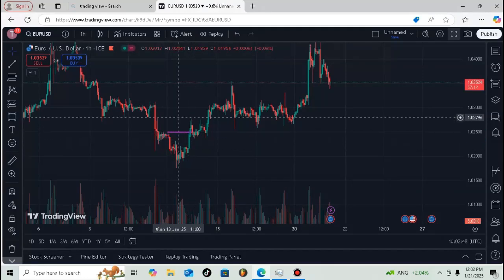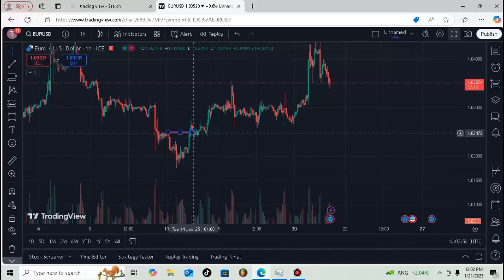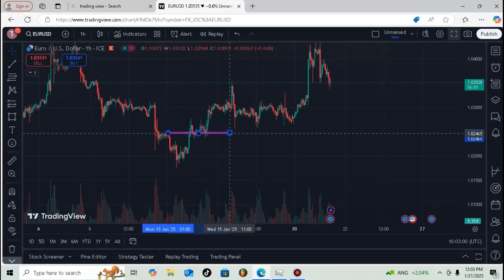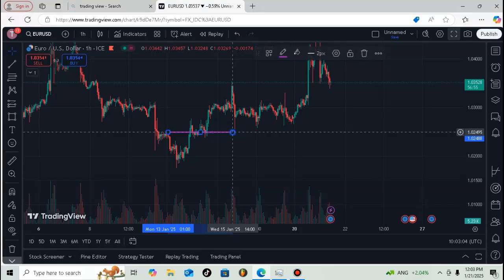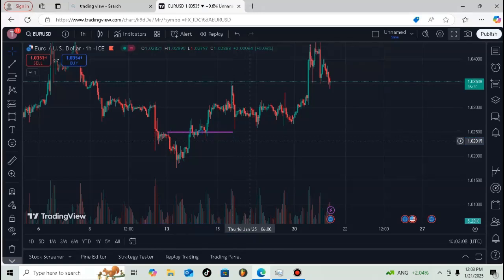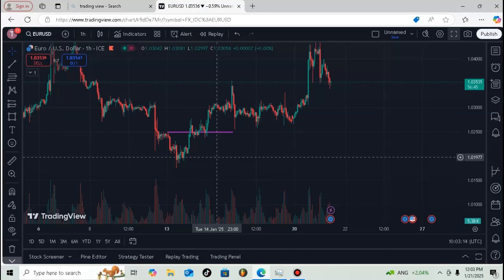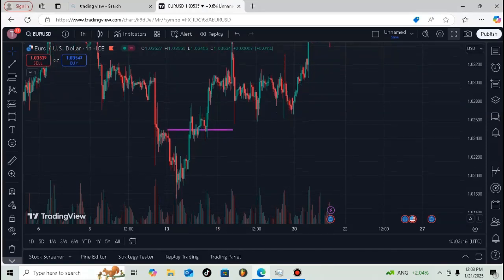Now, what is, of course, the mitigation block? The point of interest is from that break of structure to where market comes back into it. Obviously, after the break of structure, market creates a high. When market starts coming back for that higher low, you continue marking out your break of structure even further until market comes back into that area.